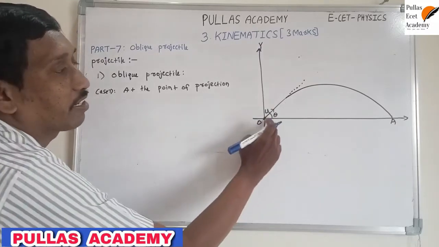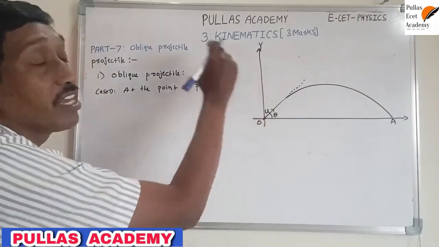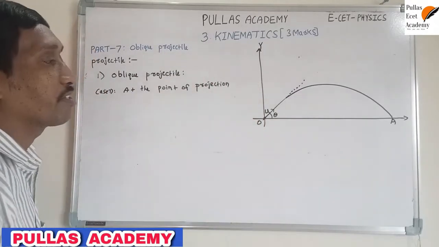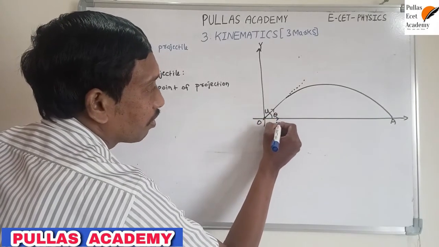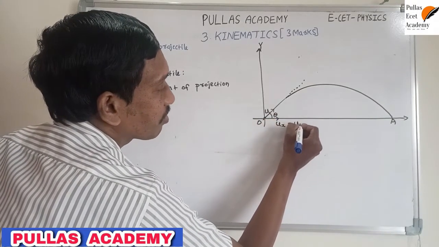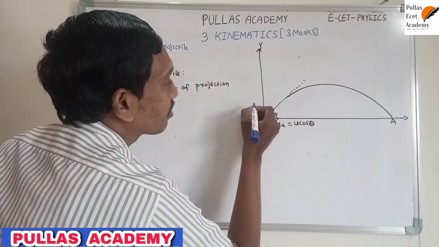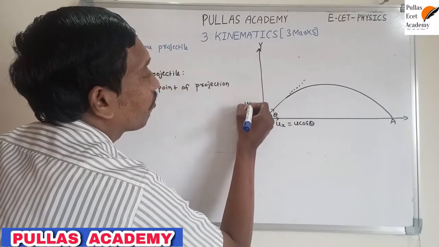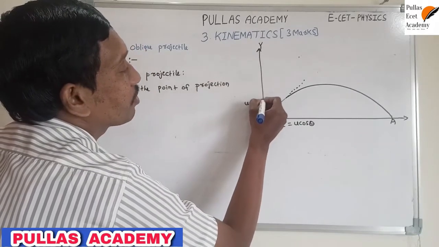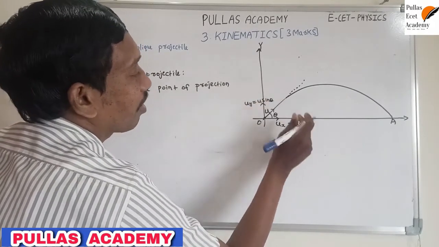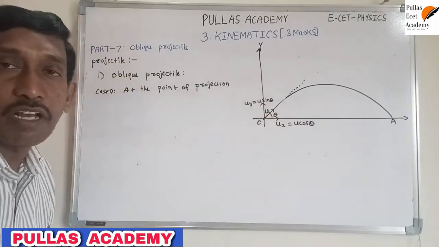One component acts along one known direction, the second acts along another known direction. One is denoted by ux, that is equal to u cos theta. In the same way, the other component acts along the y-axis, that is u sin theta. This is the horizontal component, this is the vertical component.